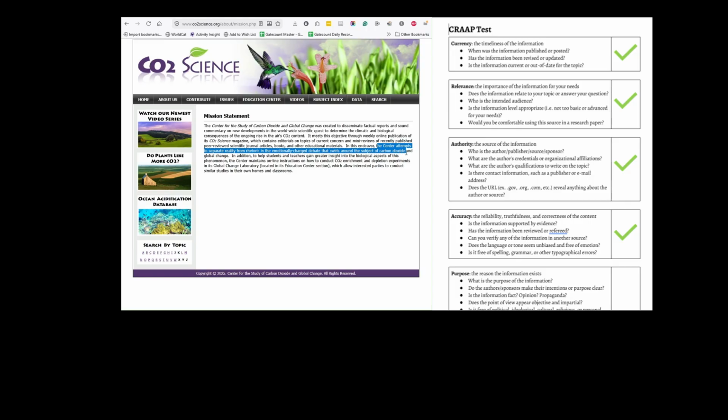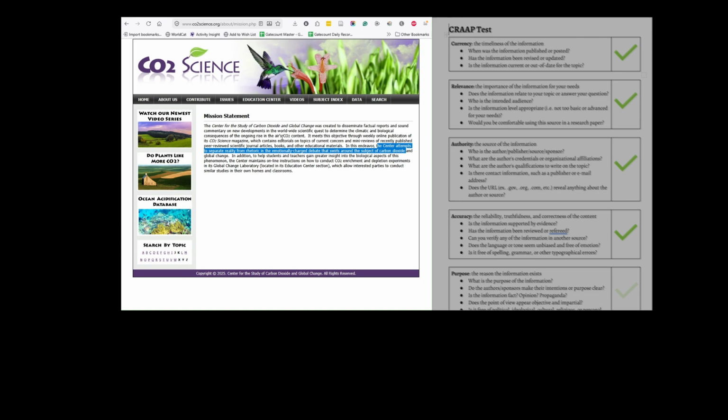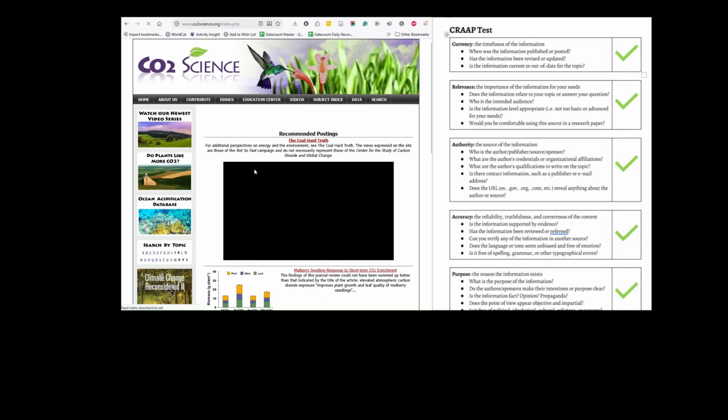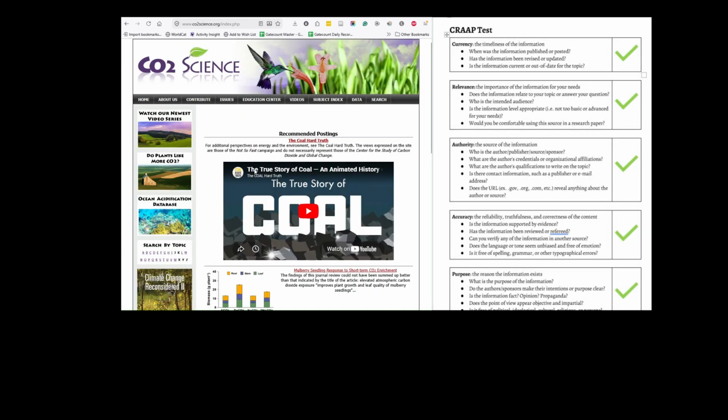That sounds good. I appreciate that they're trying to base their information in reality and not subject to propaganda or biased opinions on it. I feel like they're being straightforward about this. So purpose, I'd give that a check mark. All in all, this seems like a credible site, and I think it passes the CRAAP test.